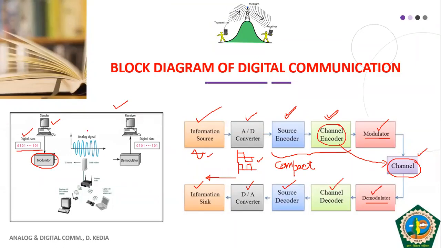At the output of the modulator we have an analog modulated signal, and the information signal is actually digital in nature. Once it reaches the demodulator, we again convert the signal received from the channel to our original information signal, which was digital in nature. This is how we explain the concept of digital communication or digital modulation technique. I hope all of you have understood this. Next.